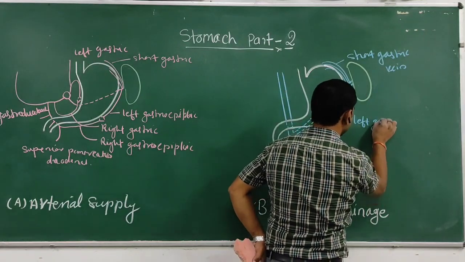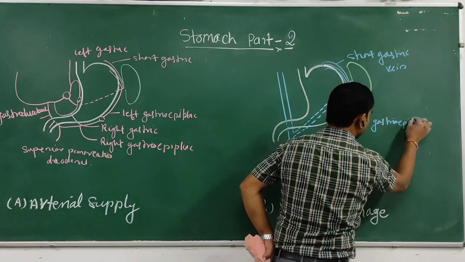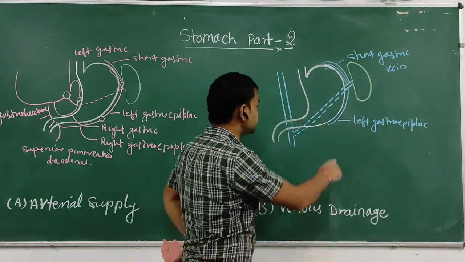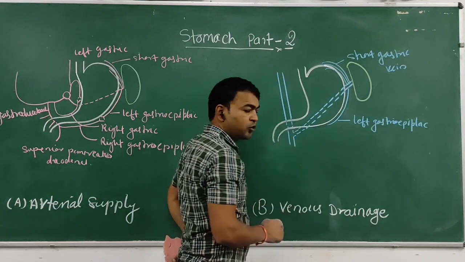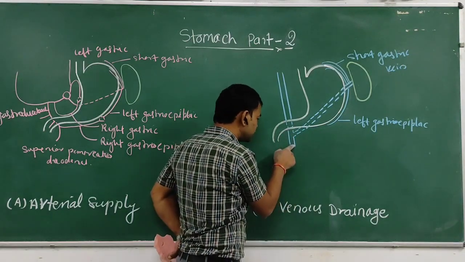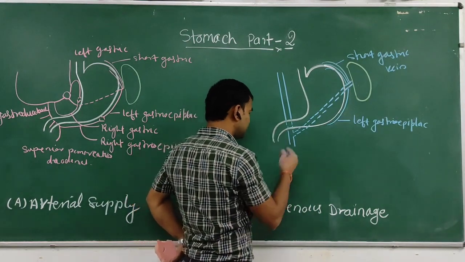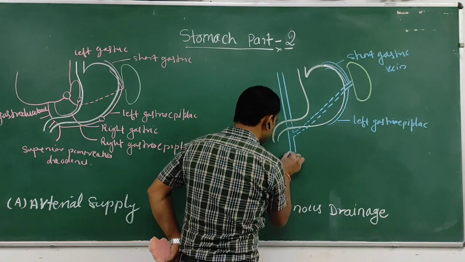Left gastroepiploic drainage to the splenic vein, or splenic vein form a portal vein along with the superior mesenteric vein behind the neck of the pancreas. So this is the superior mesenteric vein.